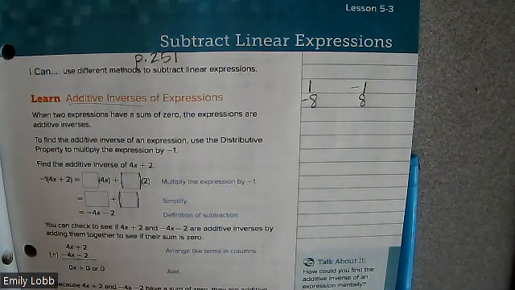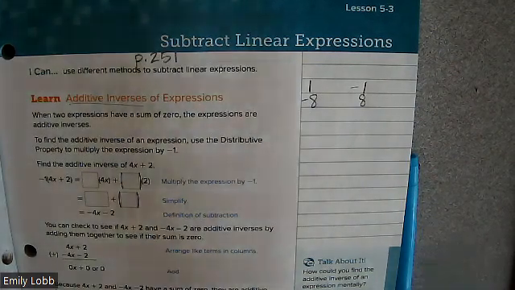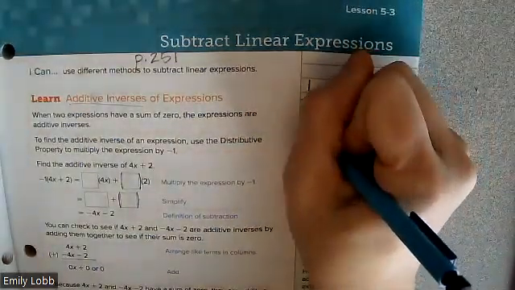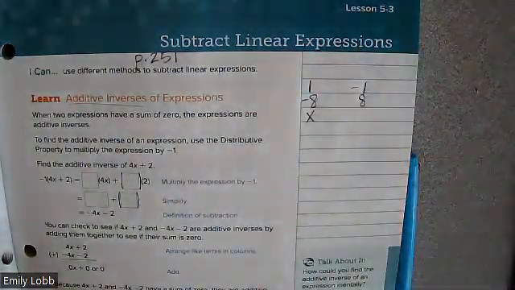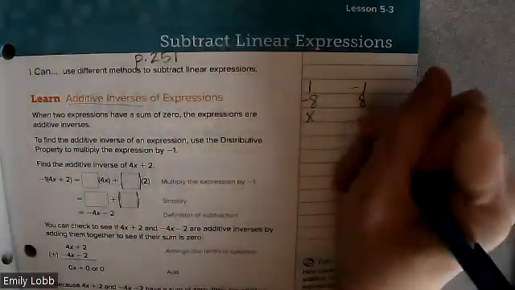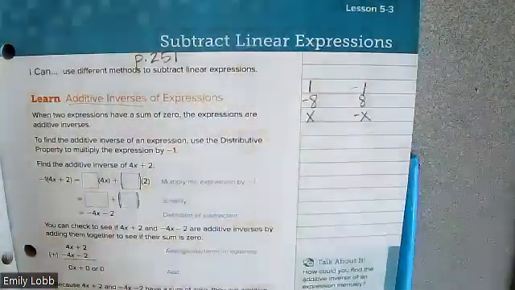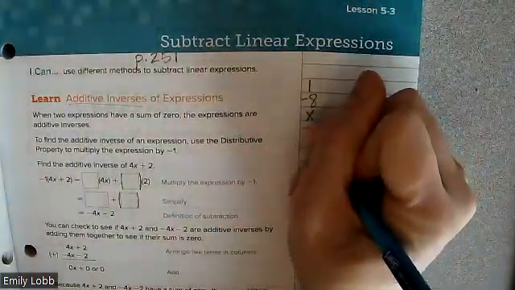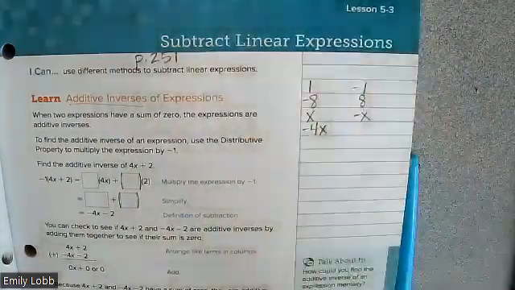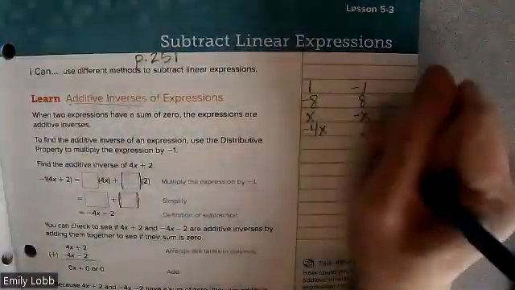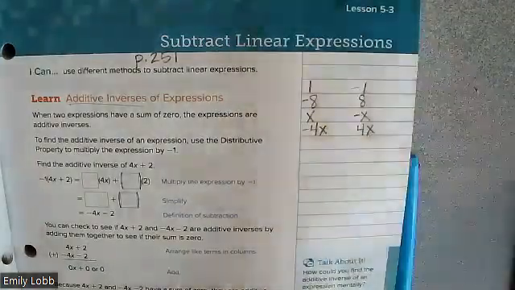So today we do have a little bit of variables, right? We've got variable terms within our expression. So what would you say the additive inverse of x would be? Fantastic. And the additive inverse of negative 4x is what? 4x. Do you see where we're going here?